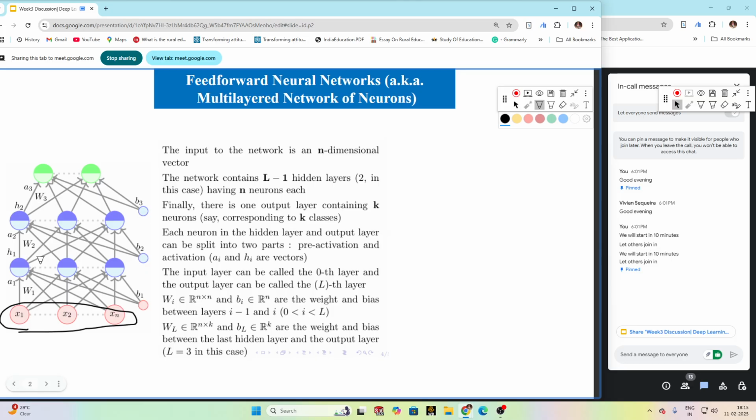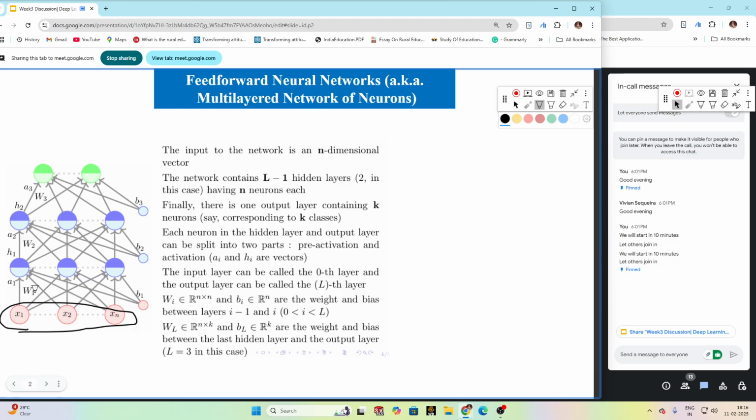This W1, W2 and W3 will form matrices, and the inputs or any layer output will form a vector. If I take one column vector and add more, we can get a matrix, right? So that is the thing.